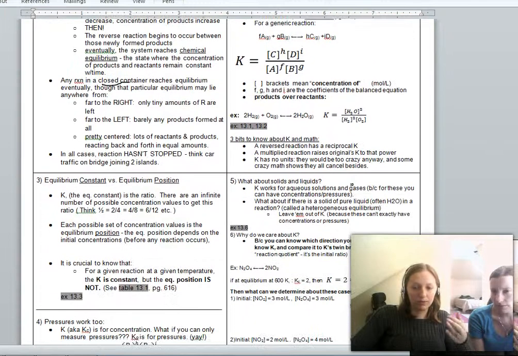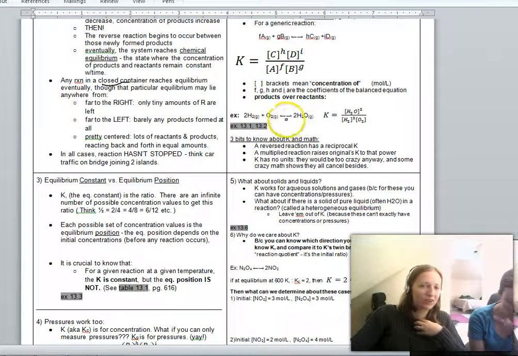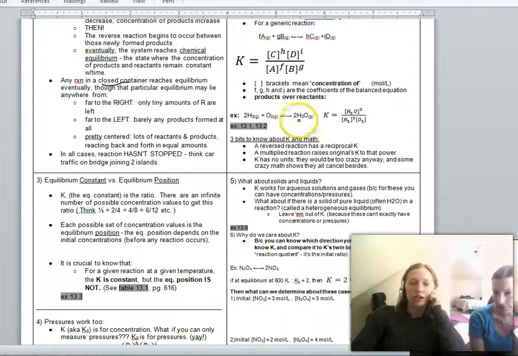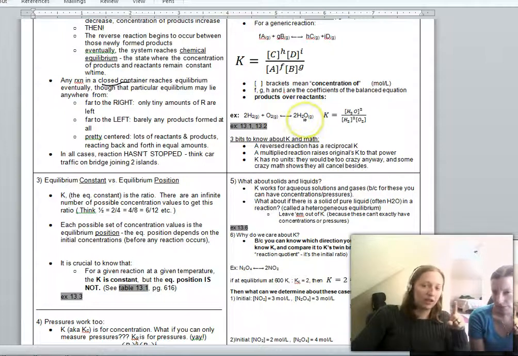So for example, if you've got your really normal equation that we do a lot, here's our double-headed arrow, yay! Where you've got 2 moles of hydrogen, 1 mole of oxygen gas, reacting back and forth, and you've got 2 moles of water vapor here. You have the products on top, so the concentration of water in brackets, to the power of moles, so squared because of this 2.